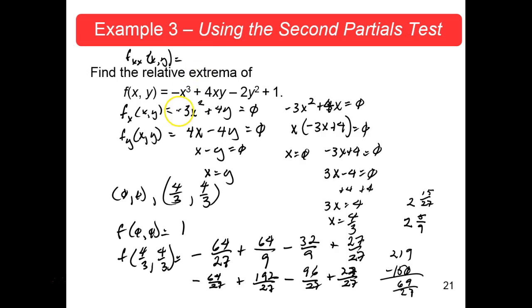If this is your partial of alpha with respect to x, what's the second partial of alpha with respect to x? Negative 6x.